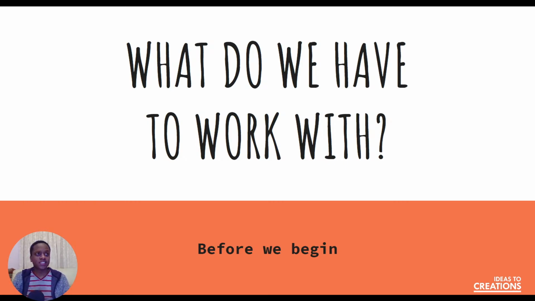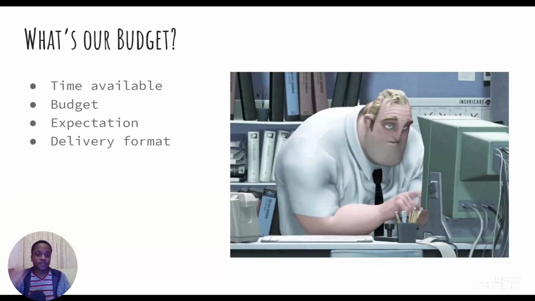So think about that. The first thing straight up we need to think about is, what do we have to work with? By the time you're sitting down to write the script, you probably already have an idea of the budget. And in these terms, we mean our creative budget, so to speak. So we'll have 4 points: the time available, the budget, the client expectation, and the delivery format.